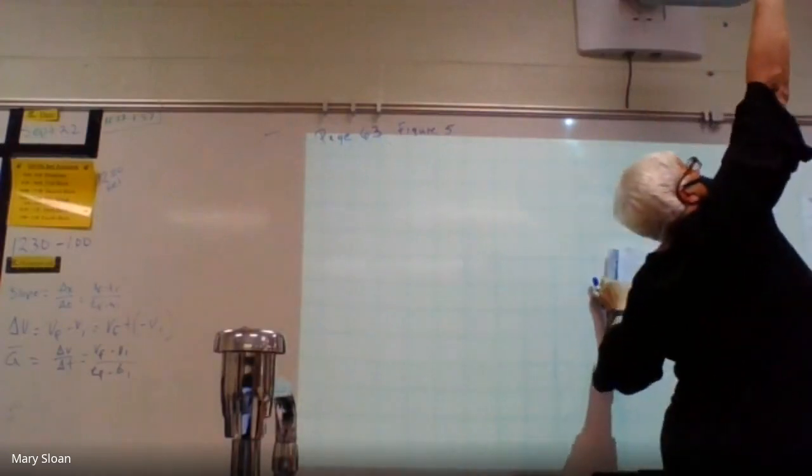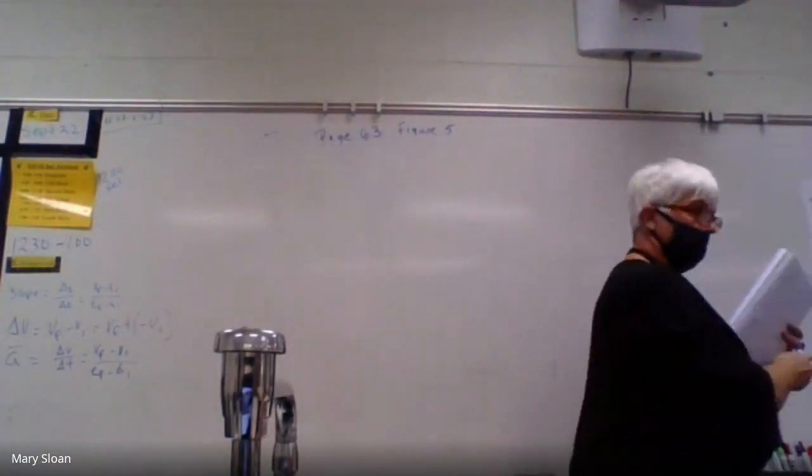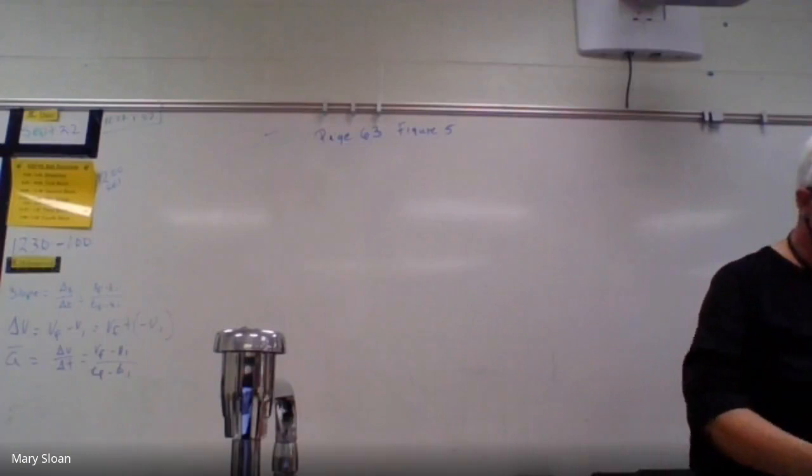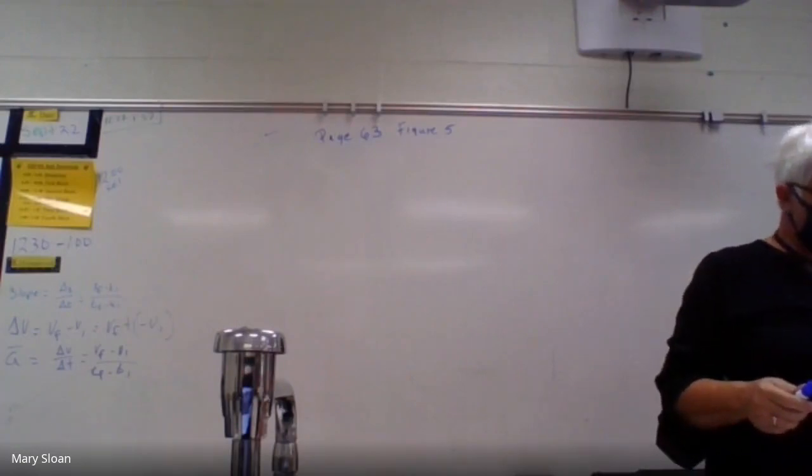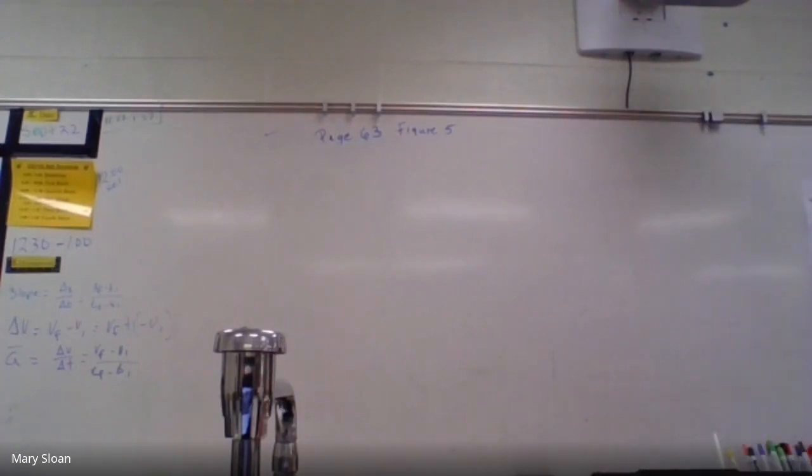On your board, show me what you got. You on page 66? I am on page 66, sir. I am doing practice problem number 1 at the very top. The only thing I'm asking you for is to take this velocity time graph and give me a motion diagram, please.